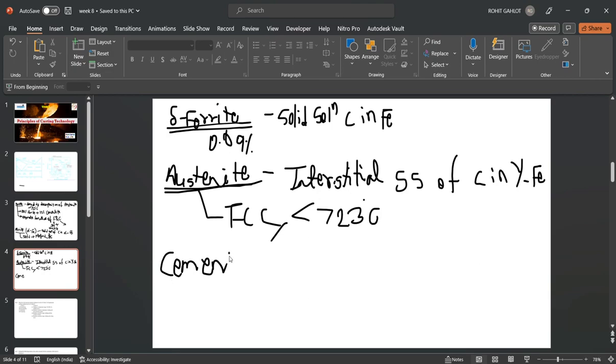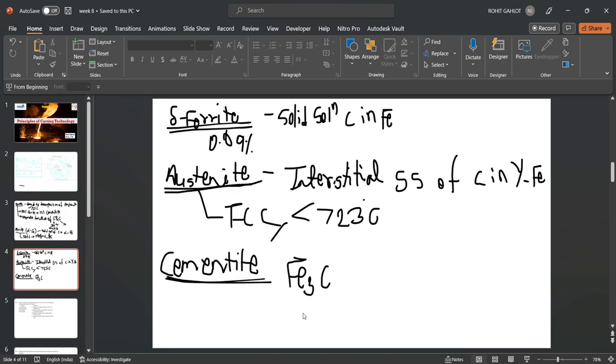Then if we talk about the cementite, it is an iron carbide intermetallic compound having a fixed composition, Fe3C.